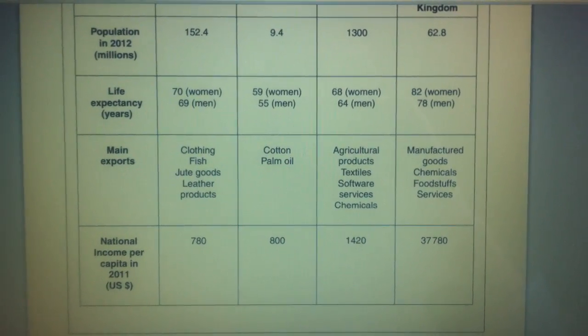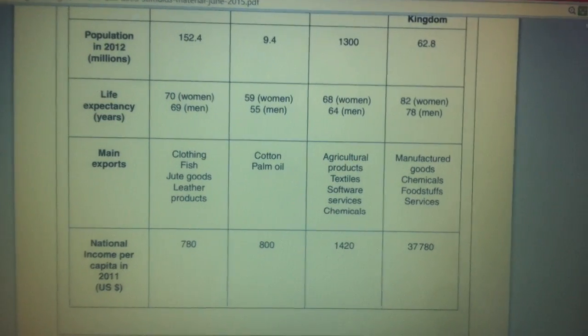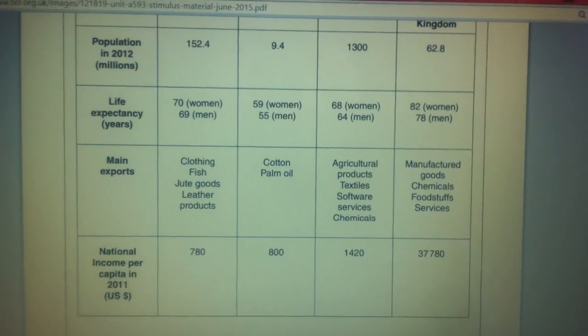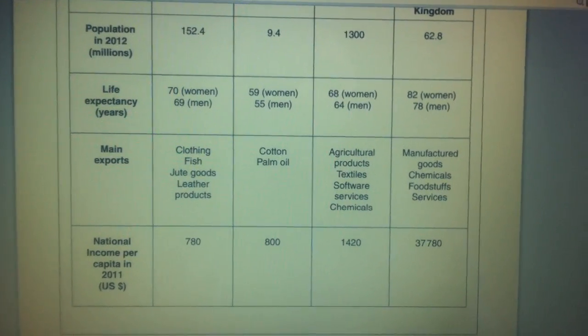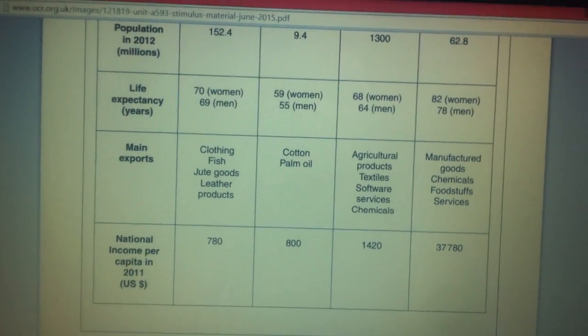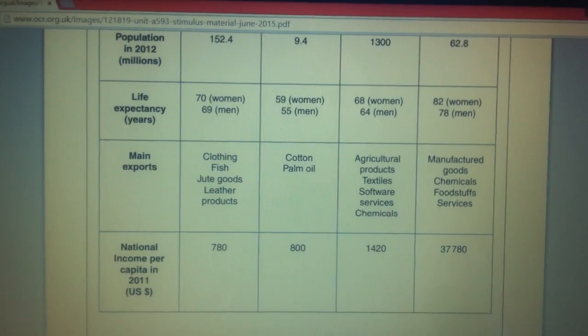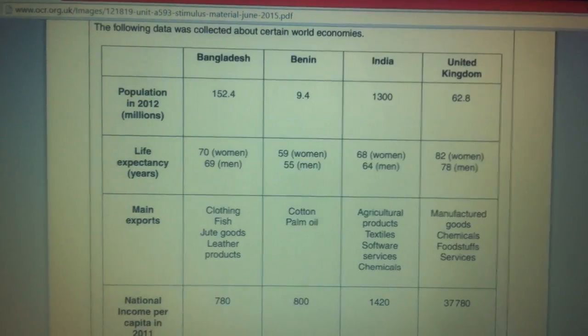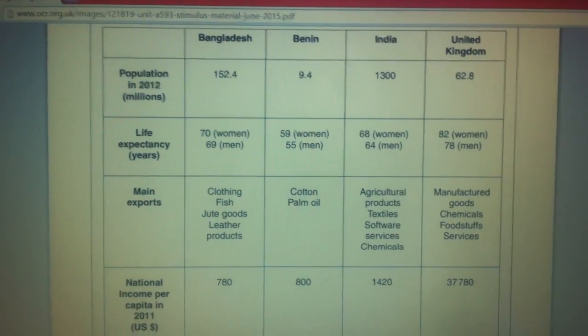Looking across the data here, it's very obvious, and as one would anticipate, the United Kingdom has $37,780 per person. That was in 2011, given the data set. And the country which is the least well off in terms of standard of living here is, of course, Bangladesh, at 780.